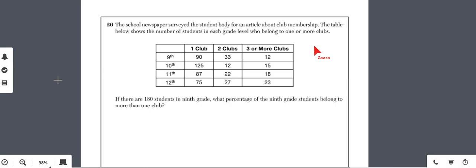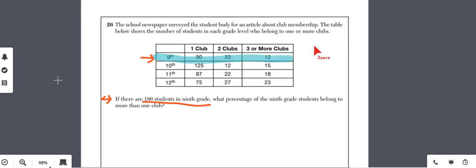If there are 186 students in the ninth grade, we are not targeting any other grade, we are particular about the ninth grade.